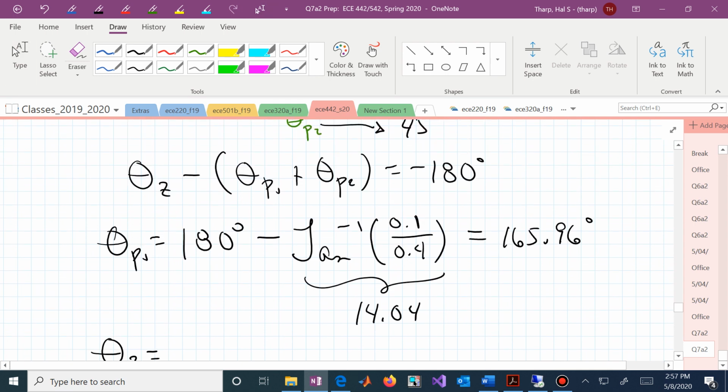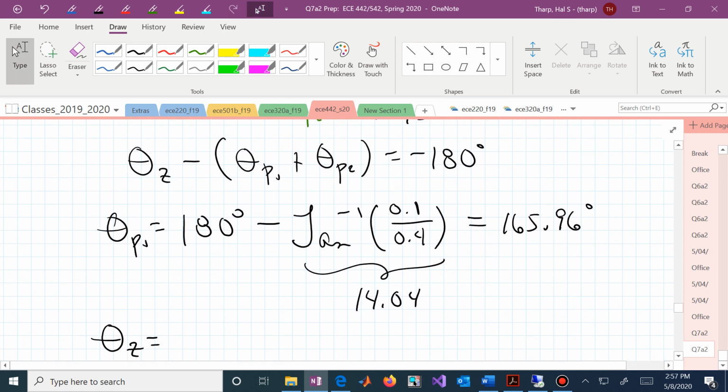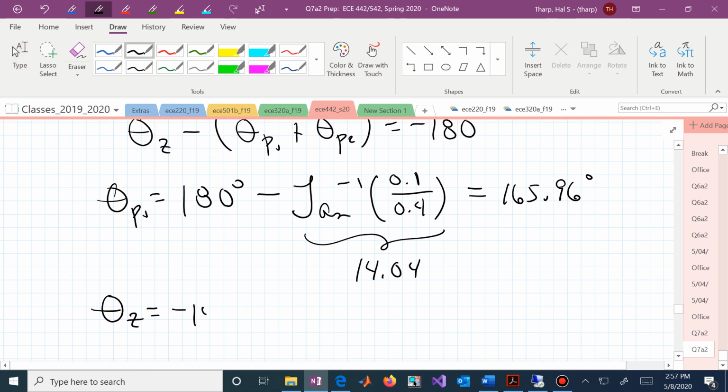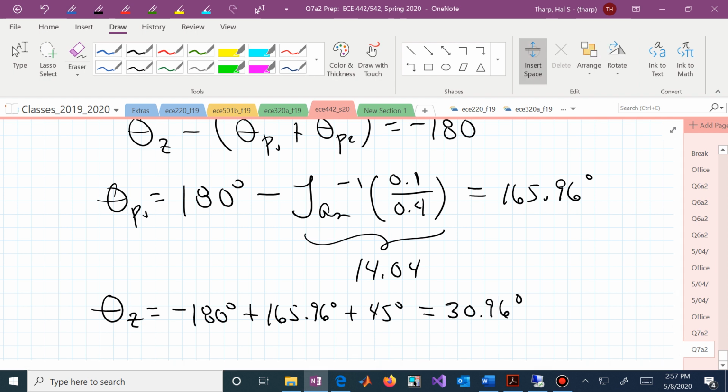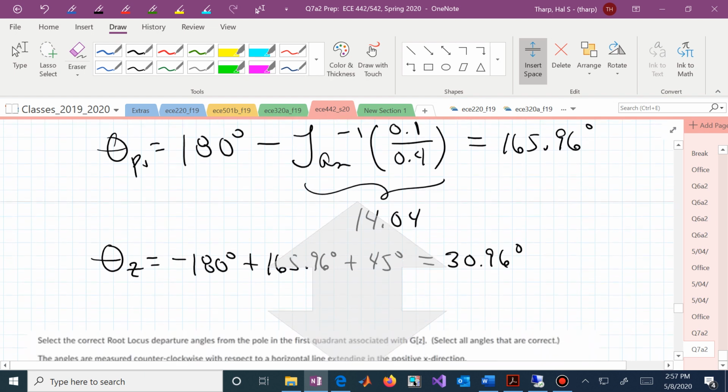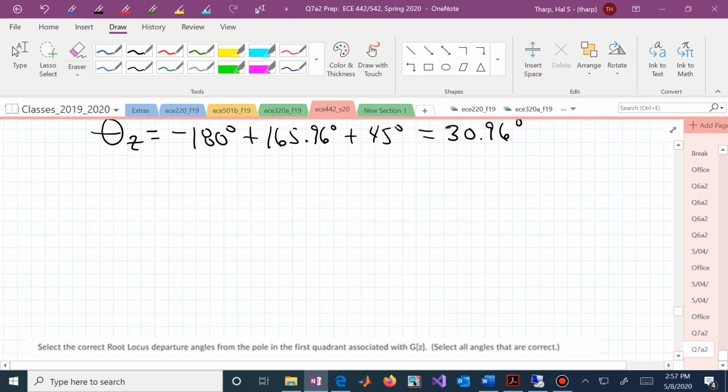Theta sub z now, adding the pole angles to both sides, we have minus 180 degrees plus 165.96 degrees plus that 45 degrees, and doing the algebra ends up with about 31 degrees for theta sub z. We're not quite finished. Now we need to use that information. We know our triangle is sitting there, which has a real part of 0.6.